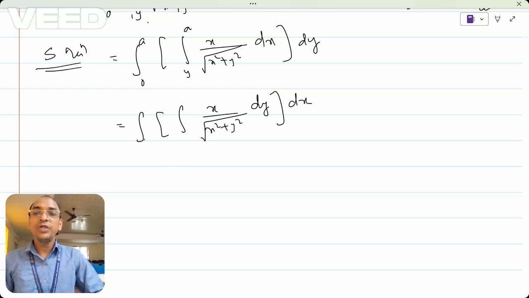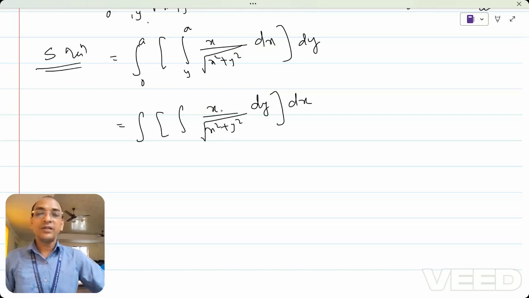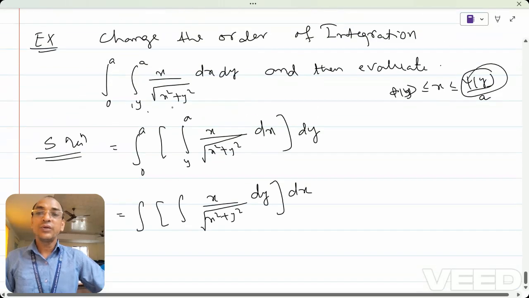Now my aim is to find, if x is outer, what will be the limits of x, and those limits must be constant. And if y is the inner integral, then what are the limits of y, which must be either function of x or constant. Okay, so in order to get this, let us draw the graph of the given thing.